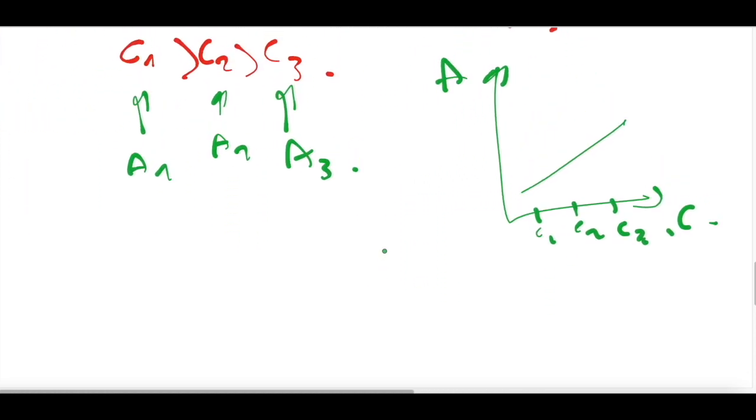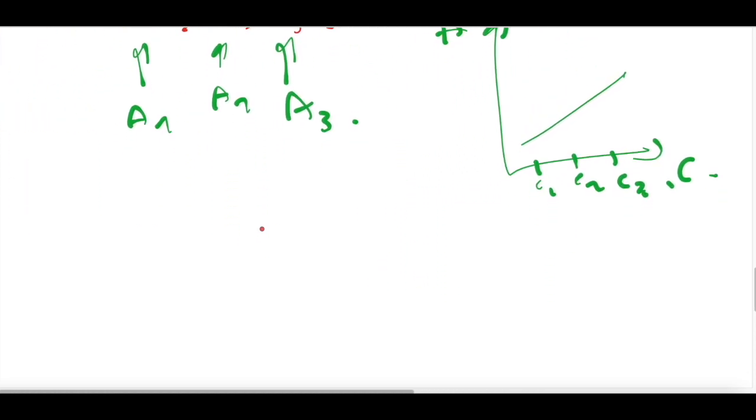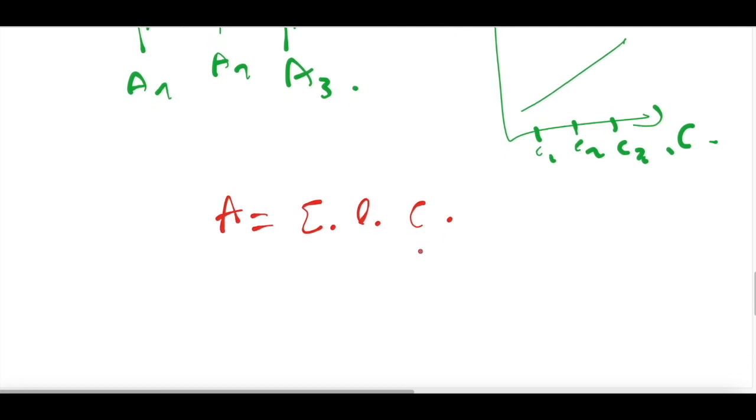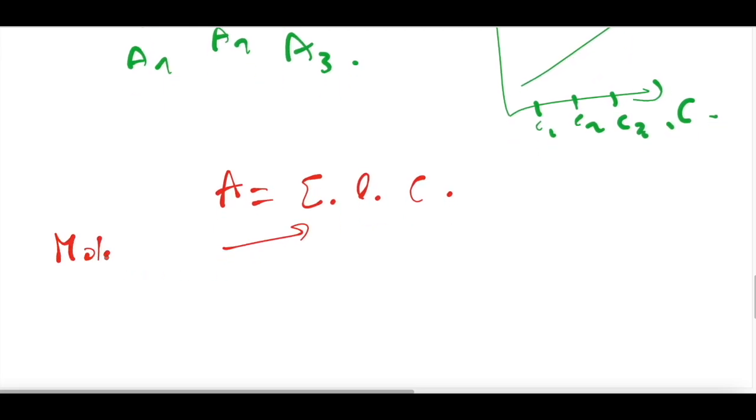And this linear relationship is expressed as Beer's law, which is A equals epsilon times L times C. So C is the concentration of the solution, L is the path length, and epsilon is the molar absorptivity of the analyte.